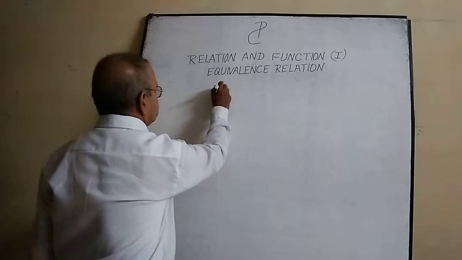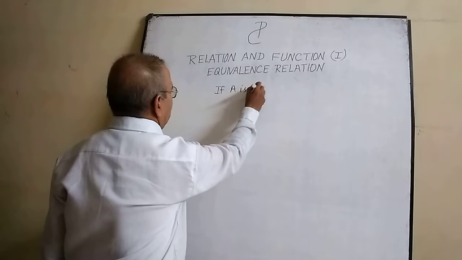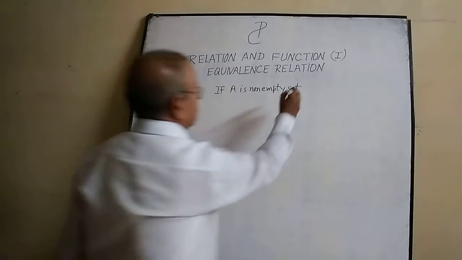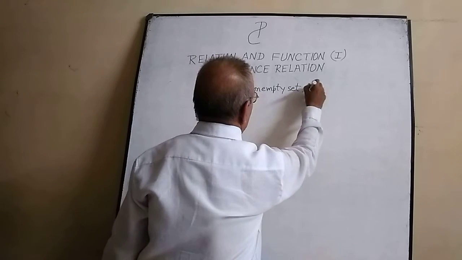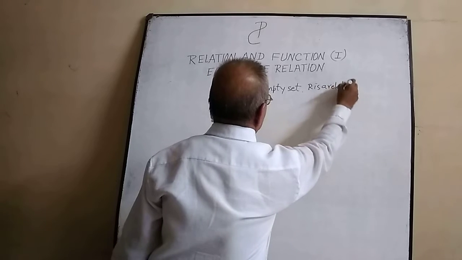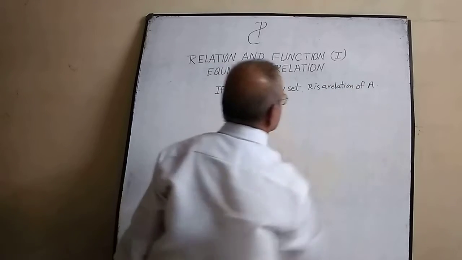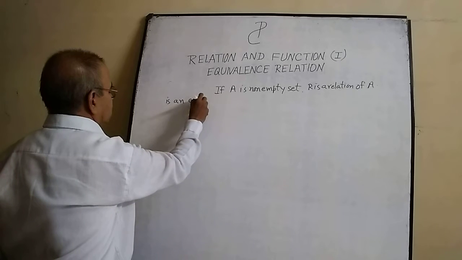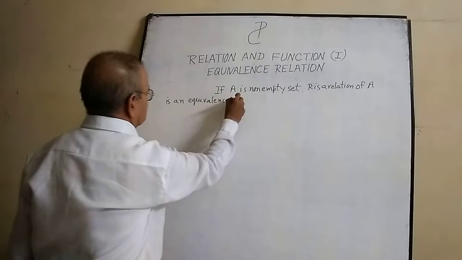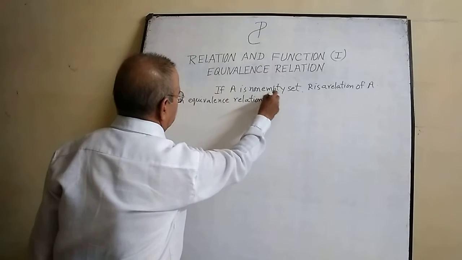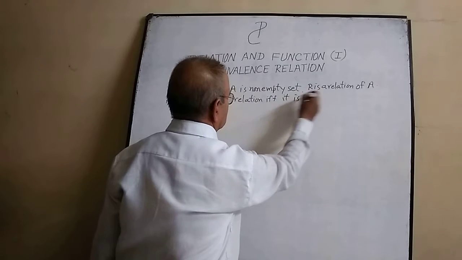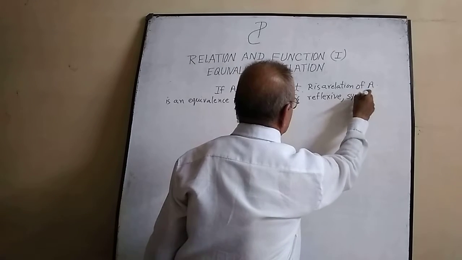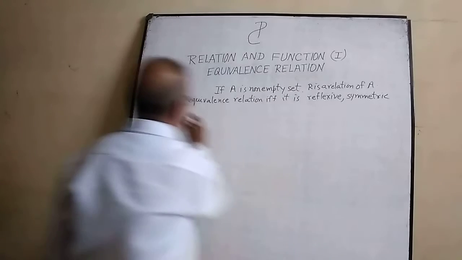If A is a non-empty set, R is a relation on A, it is an equivalence relation if it is reflexive, symmetric, and transitive.